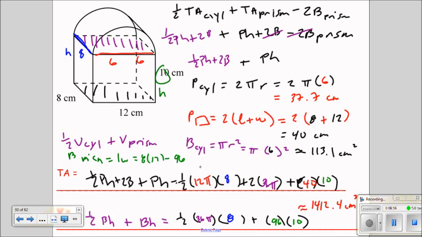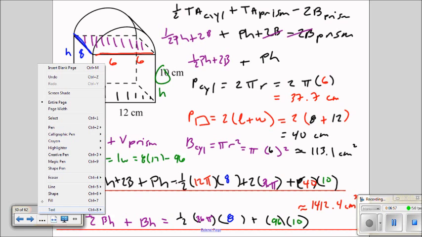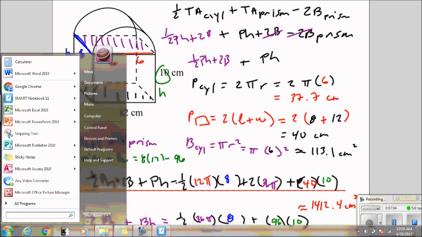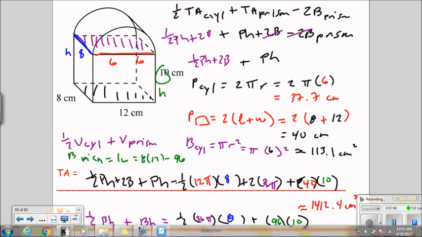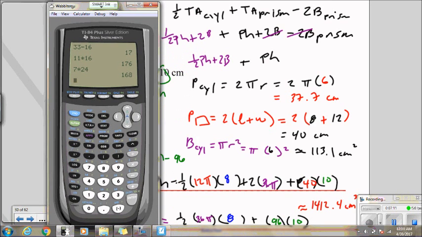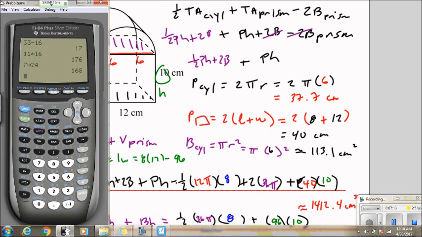So now we're going to put all of this in the calculator in one step. And make sure we don't miss a piece. We got to put it slowly.